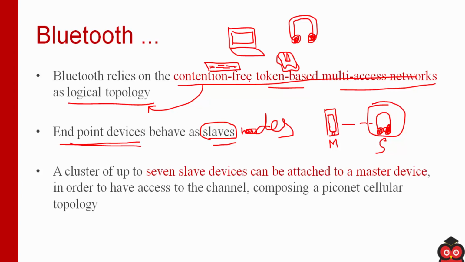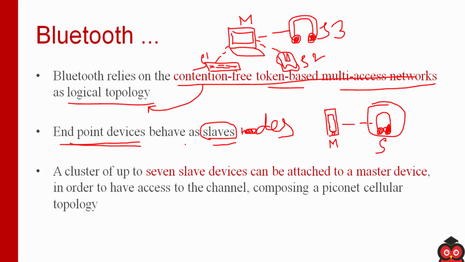All these things are connected through Bluetooth, so it is wireless. Now in this scenario, your laptop becomes master and your keyboard, your mouse and your headset will become slaves. So I think now you have a better idea what these endpoint devices are, what the master is and what the slaves are.